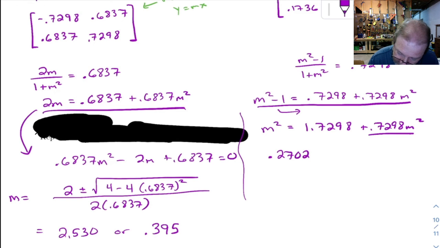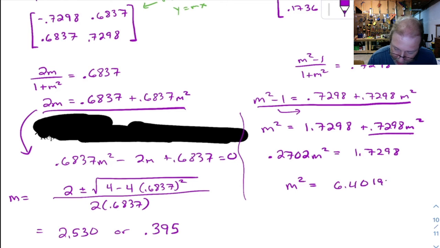So 0.2702 m squared is 1.7298. So m squared is 1.7298 divided by 0.2702. That gives me 6.401925. So m is going to be plus or minus the square root of that. And my calculator says the square root of that is 2.530.